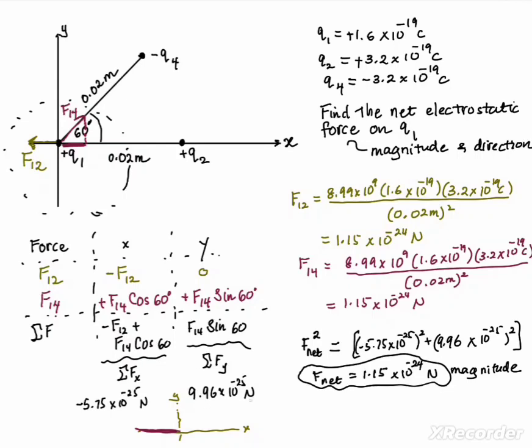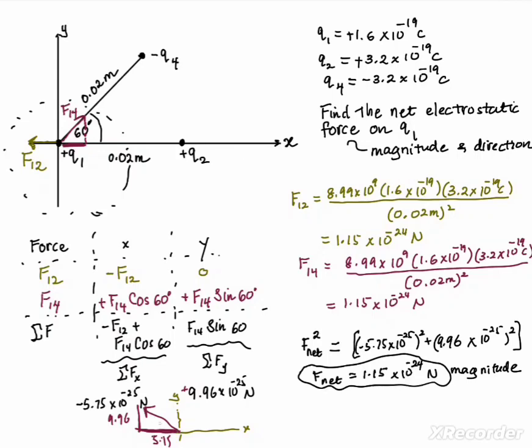And then we go up, because this is a positive value, from where you ended x. So this will be 5.75 here, and then this will be 9.96, and the vector goes from start to finish. So the value for this hypotenuse is what we found as F net.